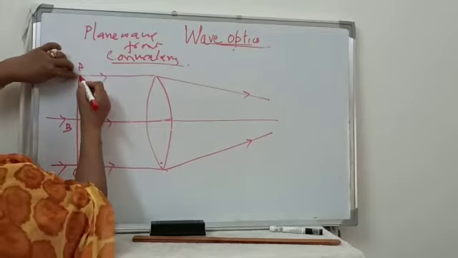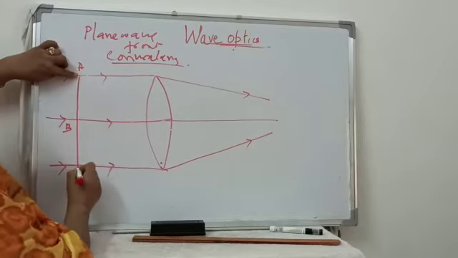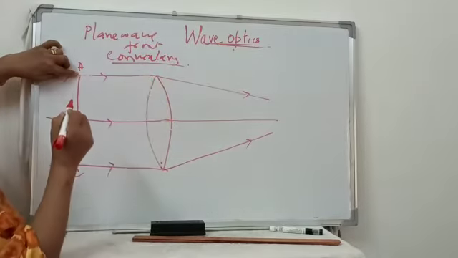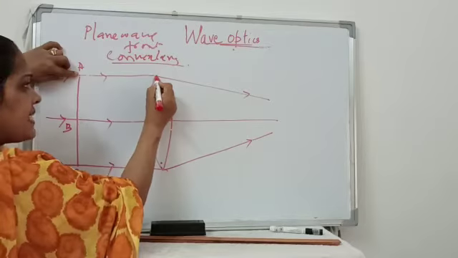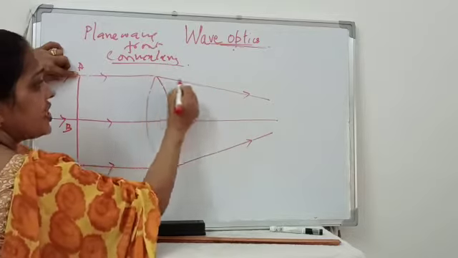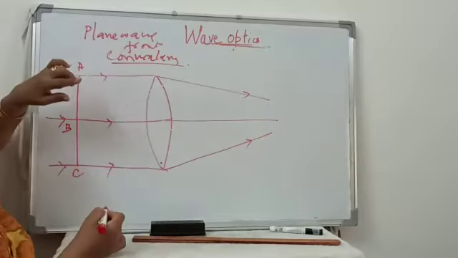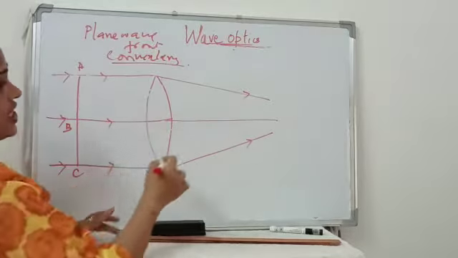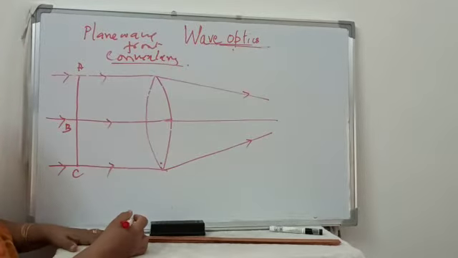Now if you consider the points A and C, they travel a larger distance in air and just get refracted at the edge. So even after refraction, they can travel a longer distance.